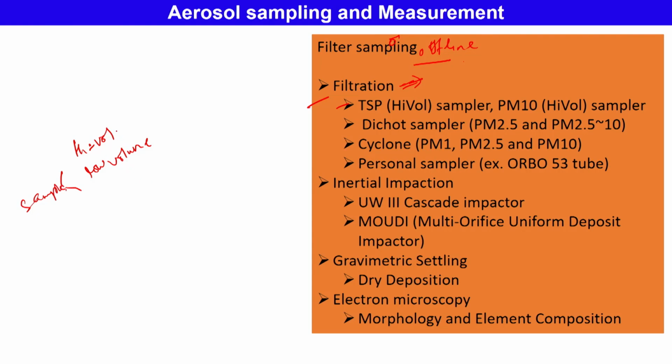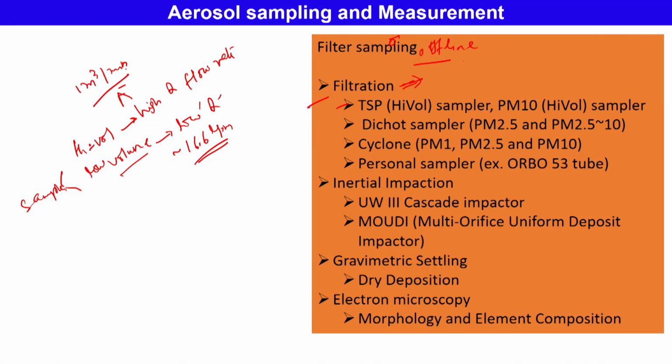Generally high volume means, as the name suggests, they have a high flow rate Q. And low volume means you are collecting less volume, so low flow rate, the Q is less here, and generally they are up to 16.6 liters per minute or so. And high volume samplers are about 1 meter cube per minute. So these kinds of things are there.